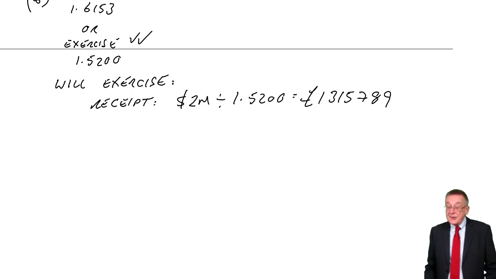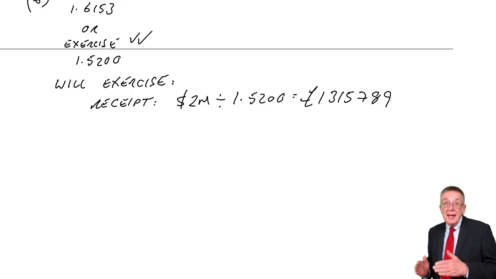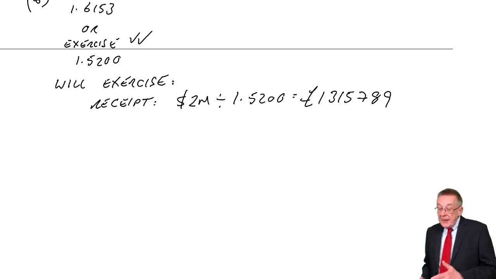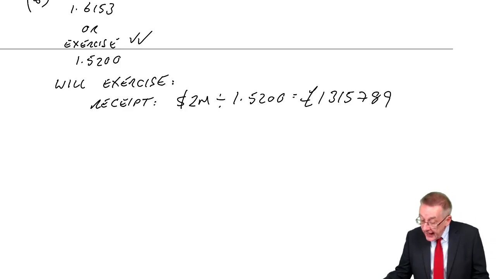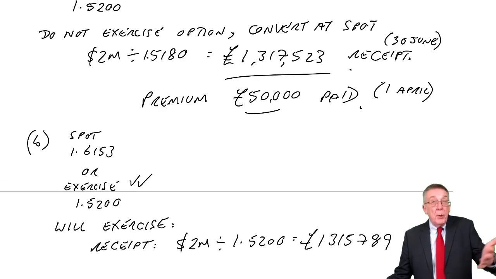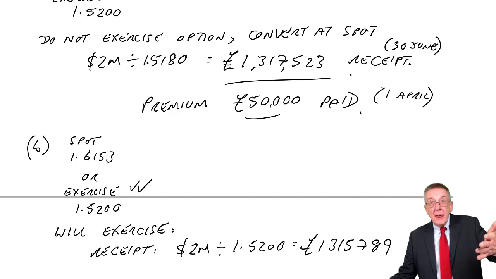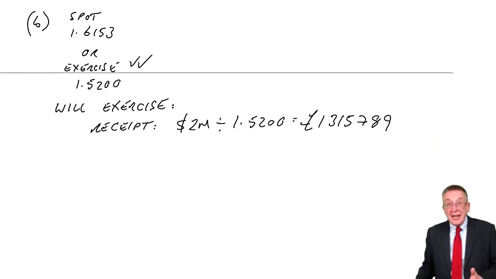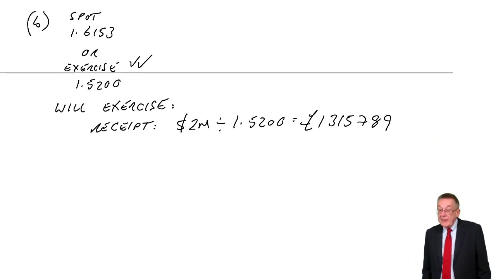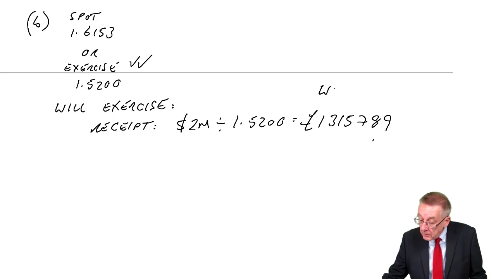So we will exercise it, and if you think about it, that is the worst that can possibly happen. If the exchange rate goes in our favour, as it did in Part A, we get more. The more it goes in our favour, the more we receive. But if the exchange rate goes against us, if it's anything above 1.52, we'll exercise the option, and that is the worst possible outcome.